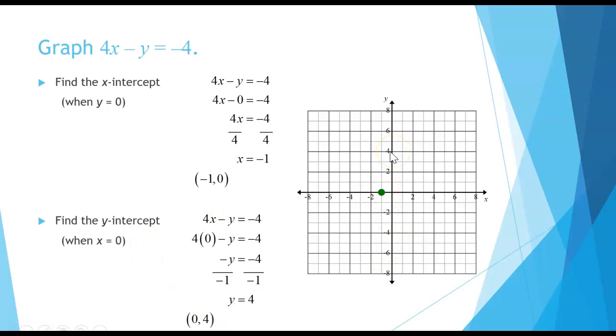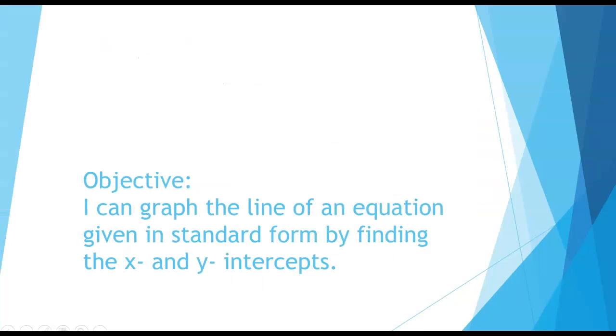So this is where our line is going to cross our y-axis. And now that we have 2 points, we can just go ahead and draw the line. So those are our 2 examples that can help you graph the line of an equation given in standard form by finding the x and the y intercepts.